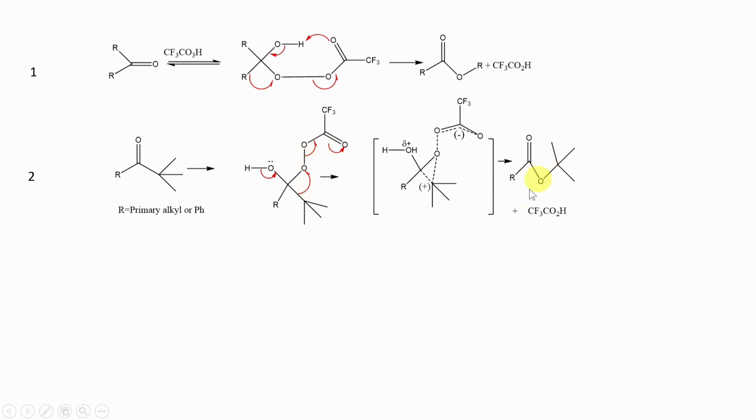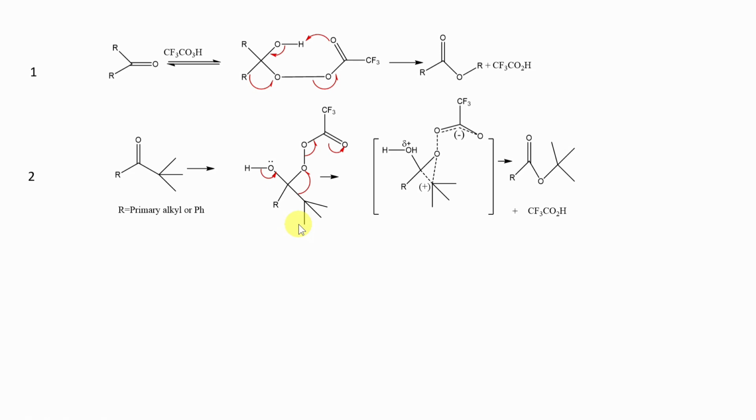By this rearrangement we will get this molecule, the ester. One of the important aspects of this rearrangement is that when the ketone is unsymmetrical, the alkyl or aryl shift takes place by migratory aptitude. Those groups having high migratory aptitude will migrate to the electron deficient oxygen atom.